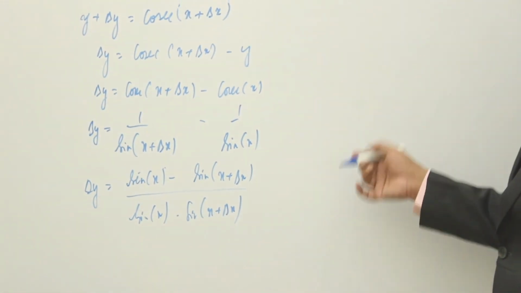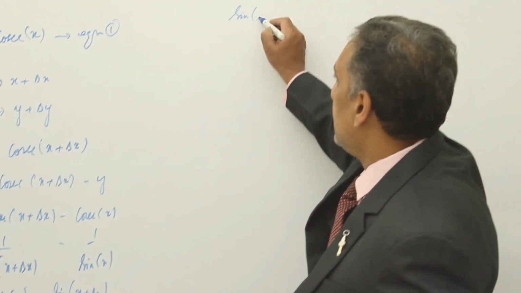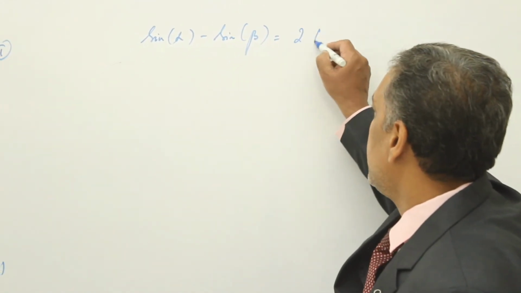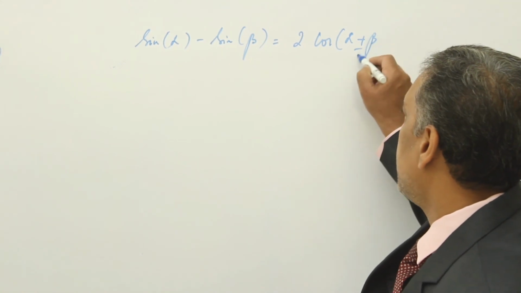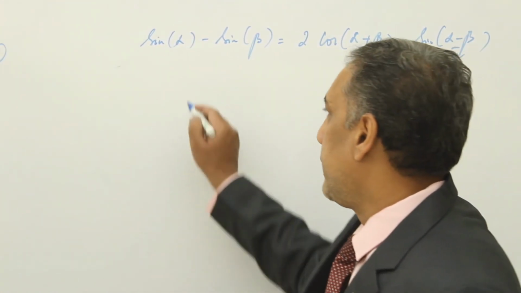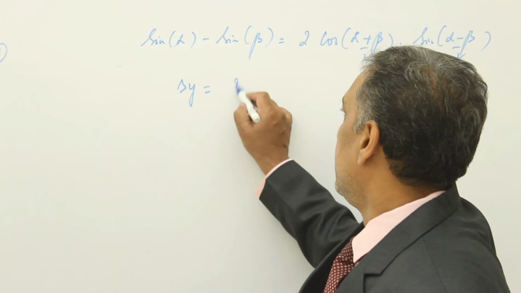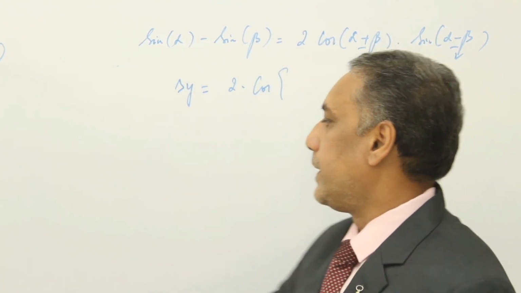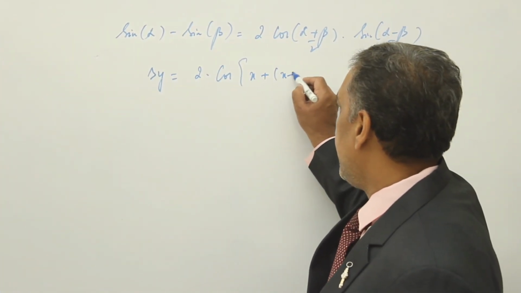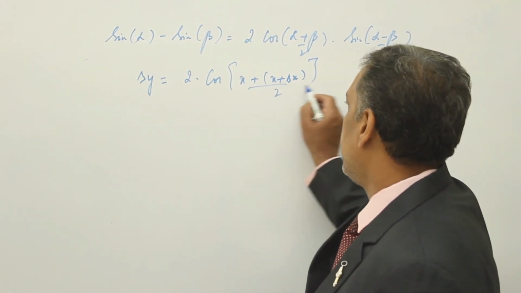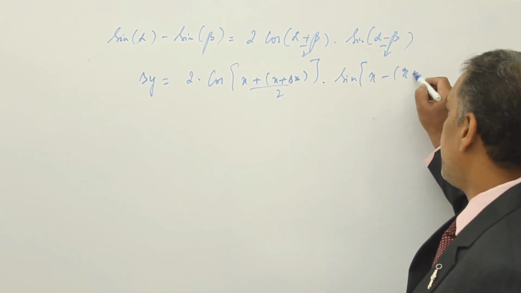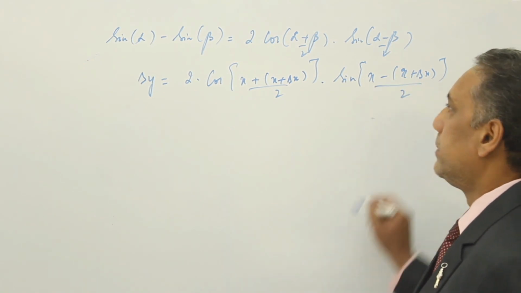Now applying the formula sine alpha minus sine beta equals 2 into cos of alpha plus beta by 2 into sine of alpha minus beta by 2, you get delta y is equal to 2 into cos of, alpha is x, beta is x plus delta x, so it will become x plus delta x, whole divided by 2, into sine of x minus x plus delta x, whole by 2.